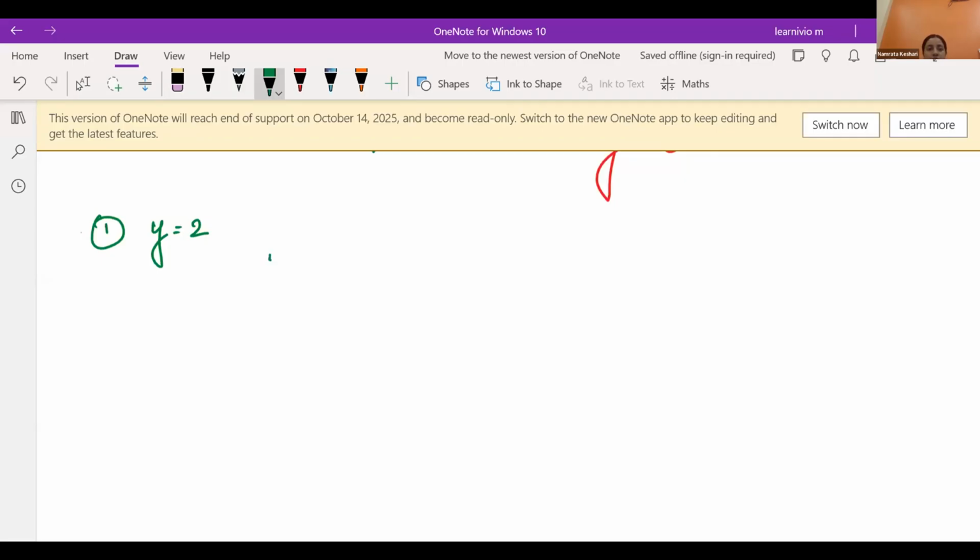Let's make the graph of this line. You have learned graphing in the previous class. In class 10, pair of linear equations, you learned how to draw the graph of a linear equation. So if we have a linear equation y equals 2, how do we plot the graph?